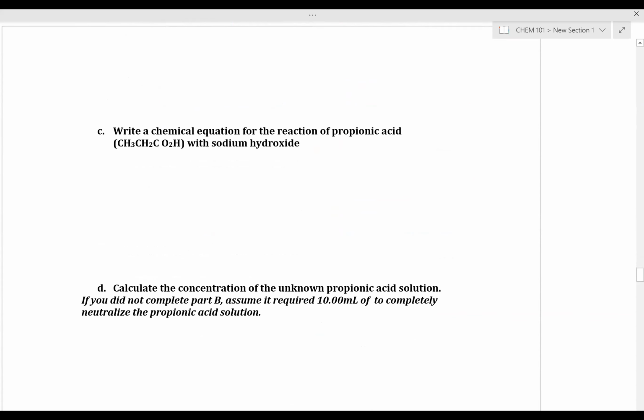Okay. So we're next going to have to write an equation for the reaction of our acid with sodium hydroxide. As we haven't completed the chapter on acid-base chemistry yet, this will mainly be the purview of next class session or later class sessions after the exam. First and foremost, we write the formulas of each of our reactants.